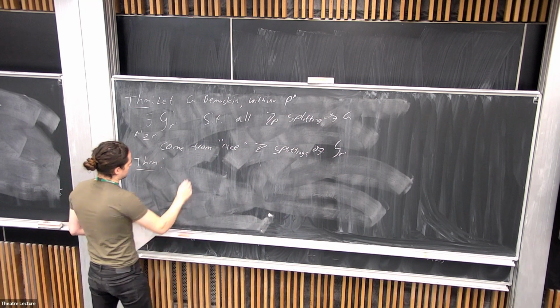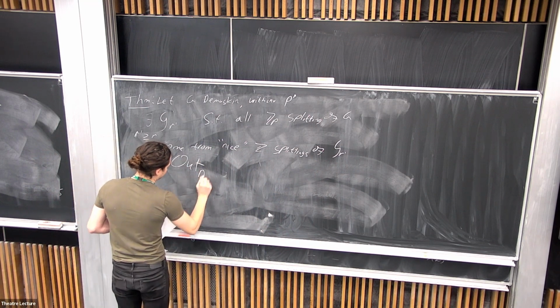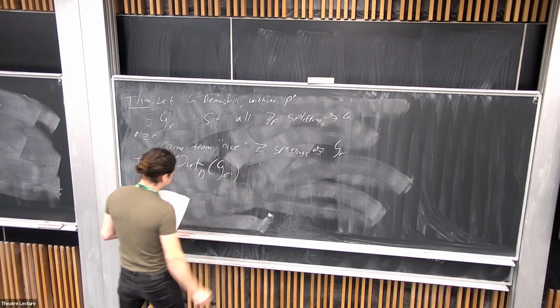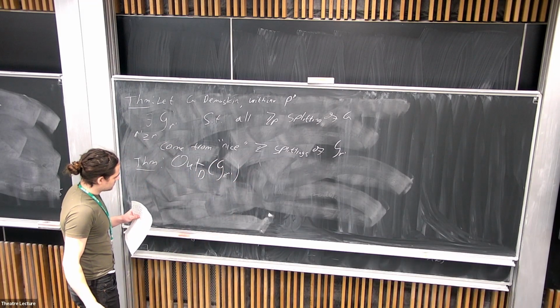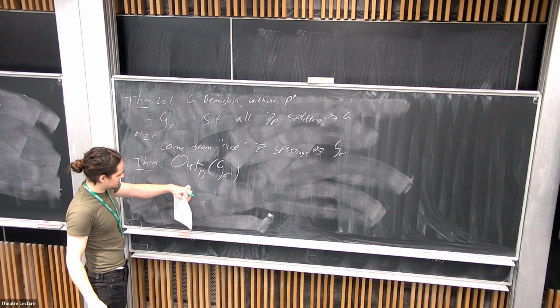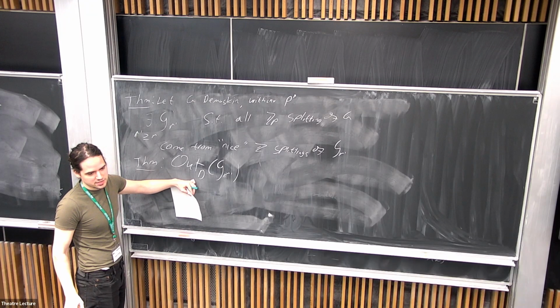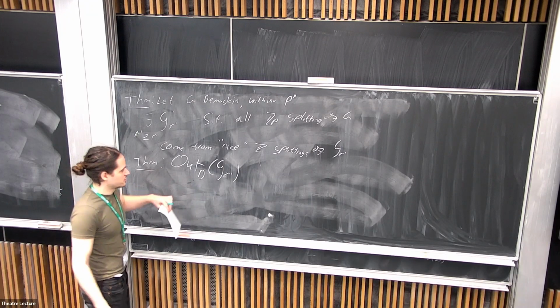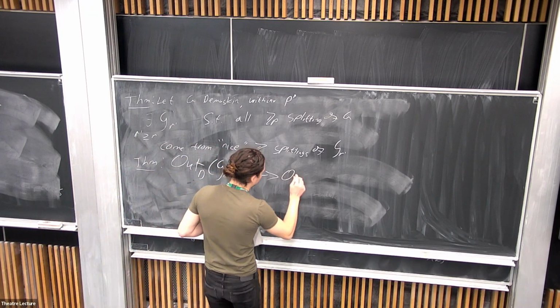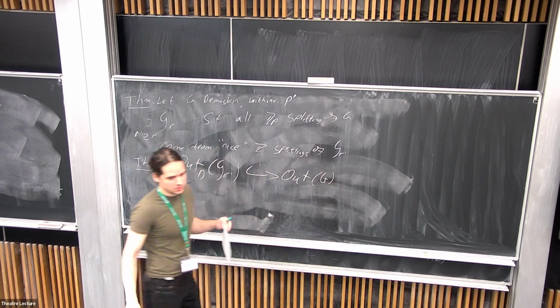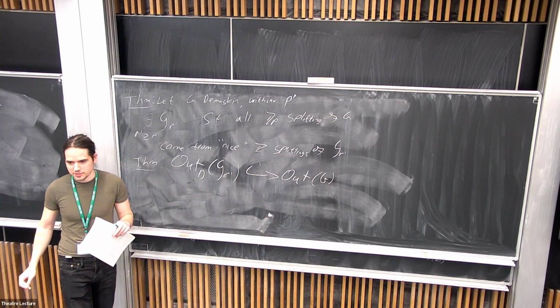And then the next one is that the outer automorphisms coming from the discrete Dehn twists inject into the outer automorphisms of G. So we don't lose any information when we go to the pro-P world.